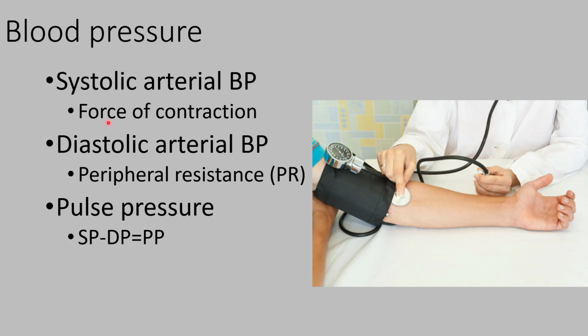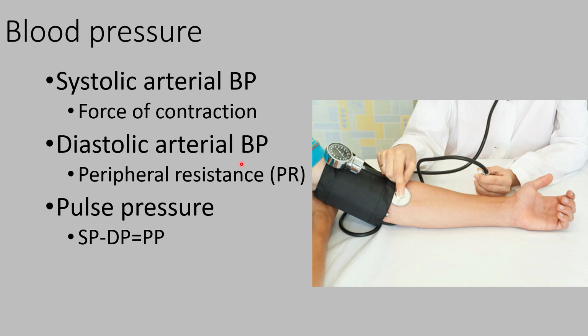And it is determined by the force of contraction of the left ventricle. If the ventricle contracts harder, we push more blood into the aorta. The aorta fills with more blood, pressure rises higher. If the left ventricle does not contract as hard, less blood is pushed into the aorta, so the pressure does not climb as high. So systolic arterial blood pressure is the pressure in the aorta during ventricular systole.